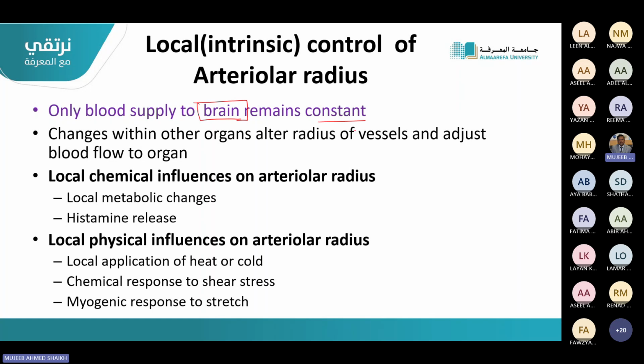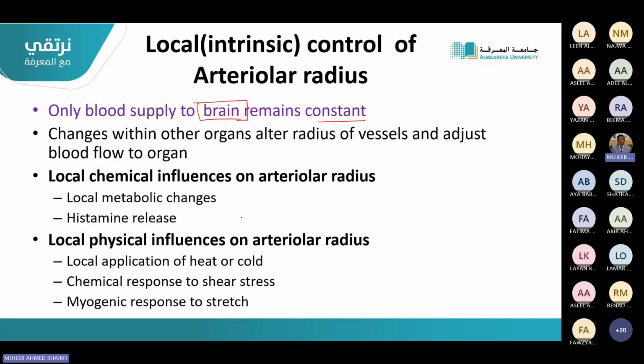It shows that every time the same amount of blood is going to the brain, either sleeping or exercising. It will not tolerate any change in the blood flow.